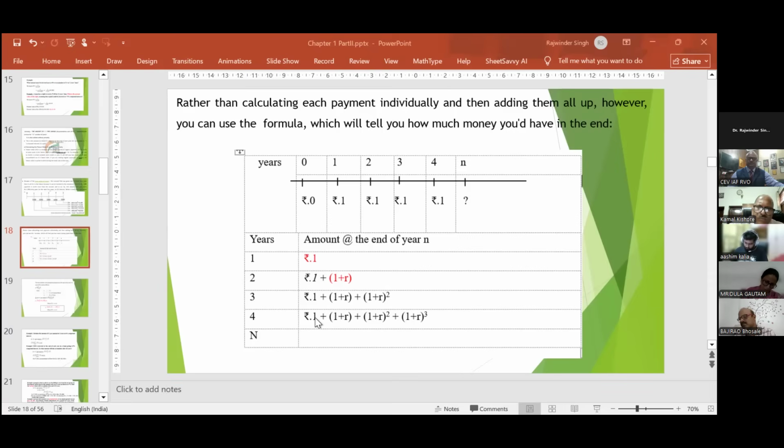So what you have to do is calculate the sum of a GP, which you have been doing at your senior secondary level. Sum of geometric progression.